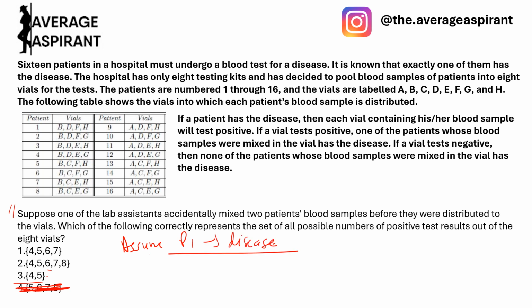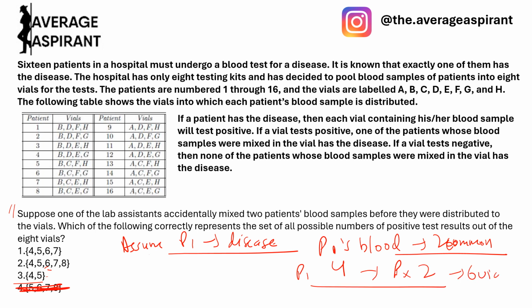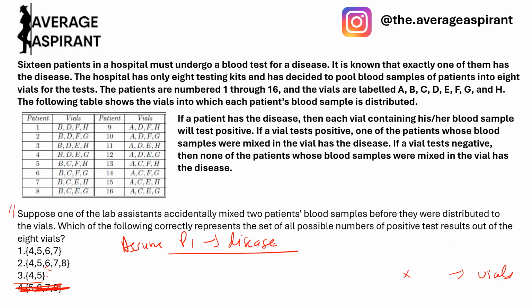For 6 vials to come positive, we'll have to mix P1's blood with someone who has 2 in common. So that's how you will get 6 vials which will be positive, 4 of P1 and the other 2 of any other person, Px, let's say 2. That's how you will get 6 vials, right?